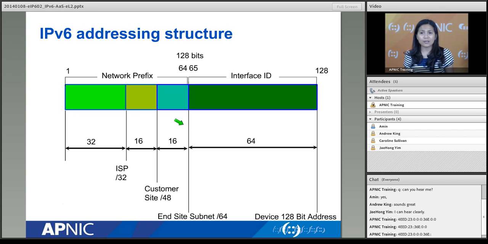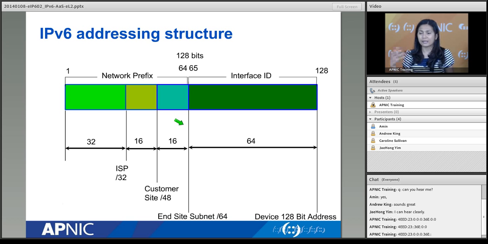Delegation comes from the hierarchy, from the top, which is IANA, going to the regional internet registries, going to the local internet registries. If you have a national internet registry, it also sits somewhere in between your LIR and your RIR, and then it trickles down to end users and sites.